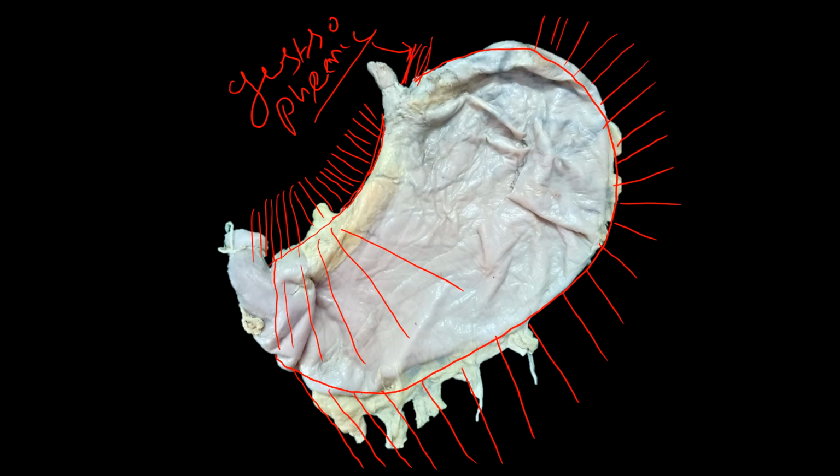Just medial to that left crus of diaphragm, a bare area of stomach is situated behind the esophageal or cardiac end of stomach. Another peritoneal reflection which extends from fundus of stomach to the spleen is known as gastrosplenic ligament.